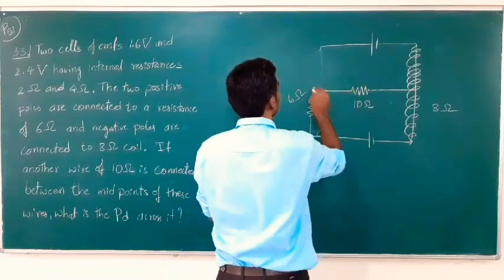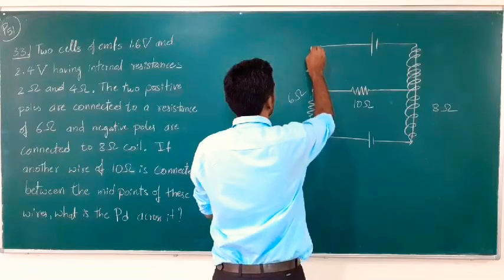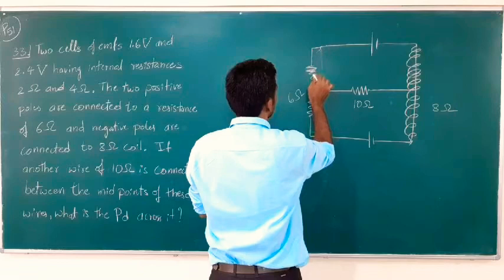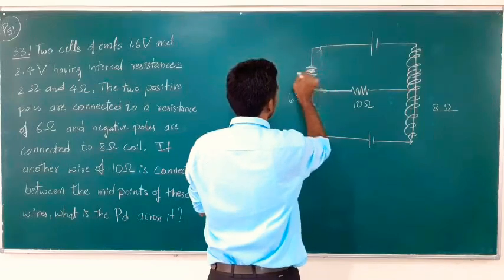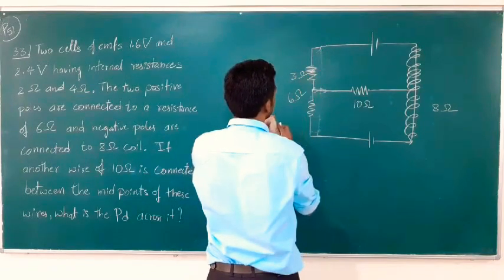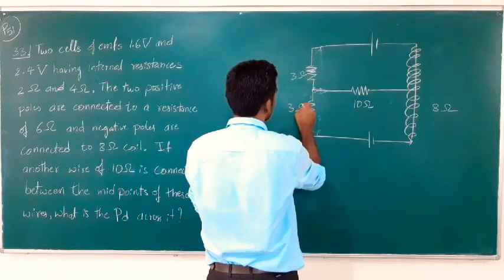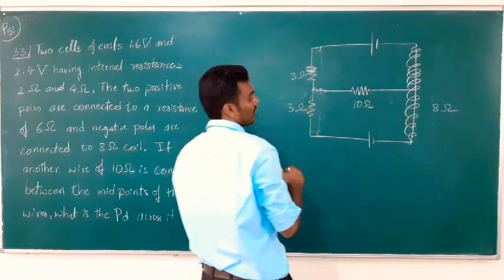a resistor symbol like this. So, this is a 3 ohm resistor here and another 3 ohm resistor here.